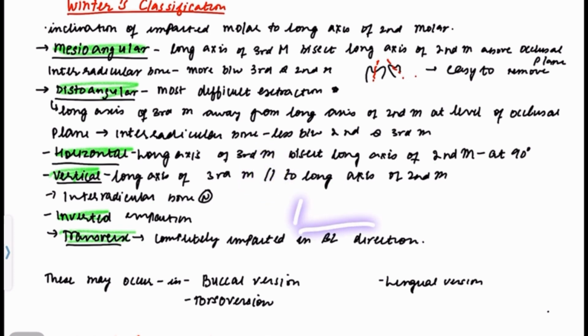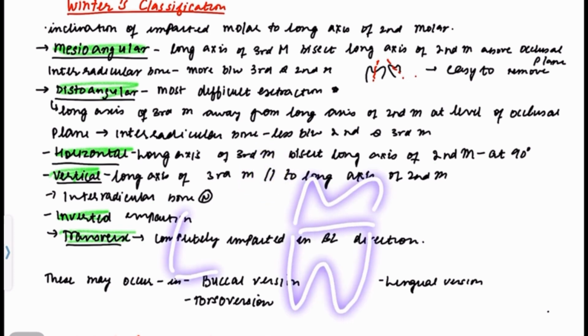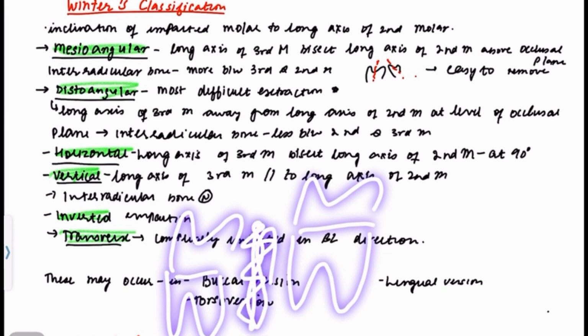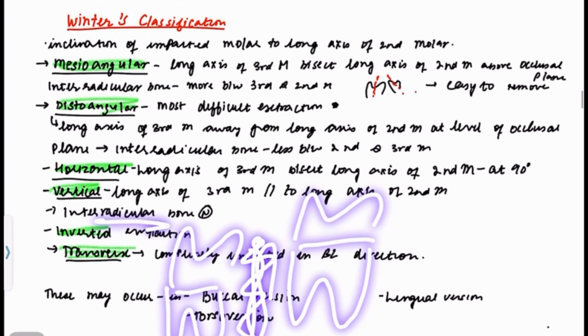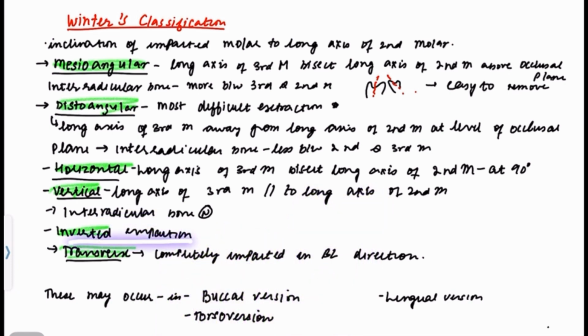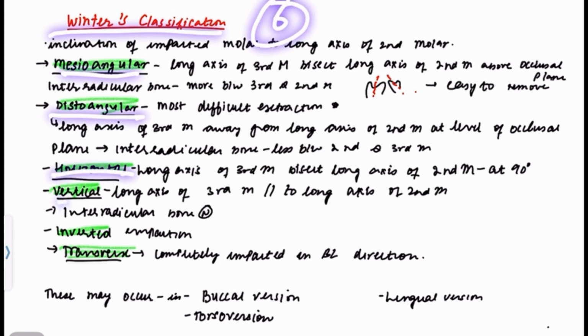That is, both will be in the same direction, and the interradicular bone between these two teeth will be normal. Then inverted impaction, and the last one is transverse impaction. In transverse impaction, the tooth is completely impacted. So Winters classification has 6 types: mesioangular, distoangular, horizontal, vertical, inverted and transverse.